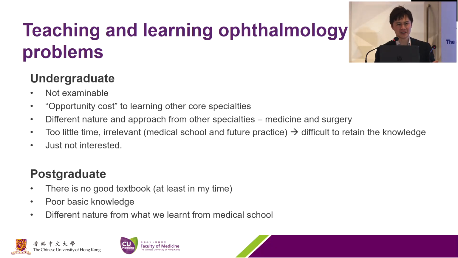And for postgraduate, when I was a trainee, I found it very difficult because there seemed to be no good textbooks and poor basic knowledge. I can understand now as a faculty member because you don't get marks or any score by writing good textbooks. You have to go and write good papers. So the nature is different now to learn in medical school.